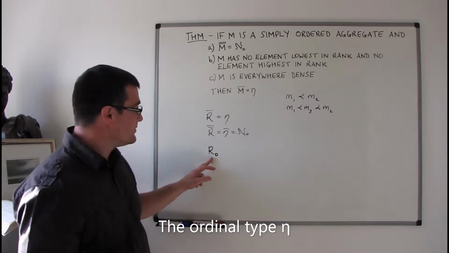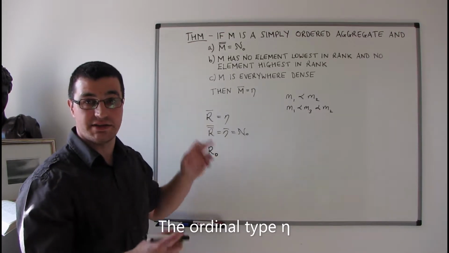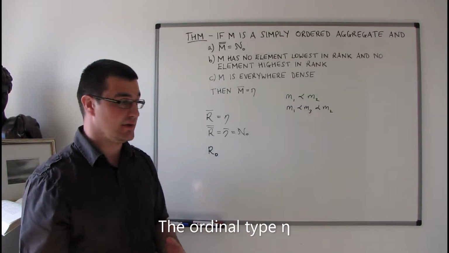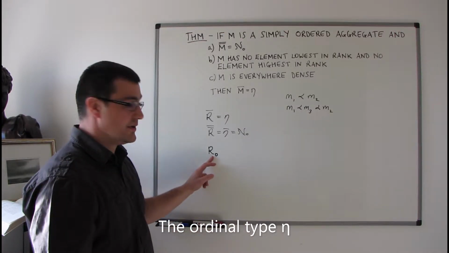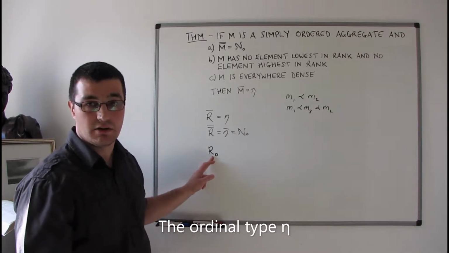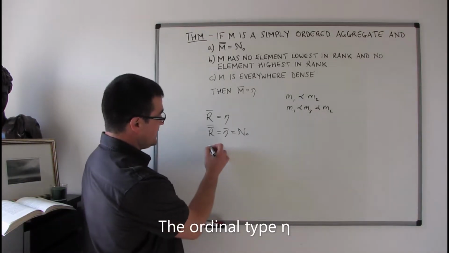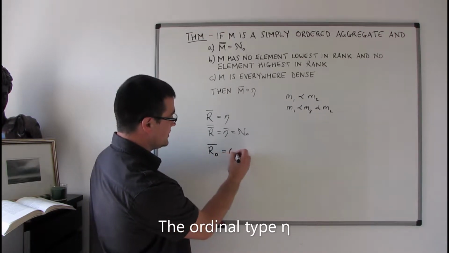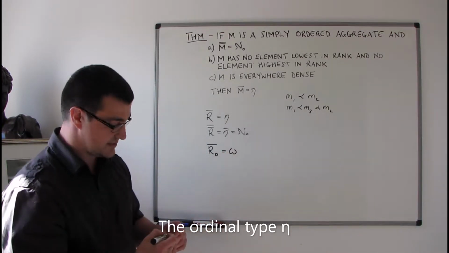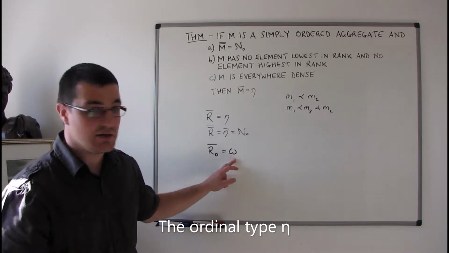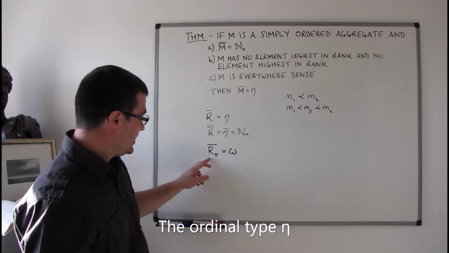It had the same elements as R, so it's the aggregate of rational numbers greater than 0 but less than 1. But there was a different order defined on this. It was a much more complicated order. It turns out that the ordinal type of R0 is equal to omega. So I'm not going to prove this, we're going to take it as given, but we are going to need to make use of that.